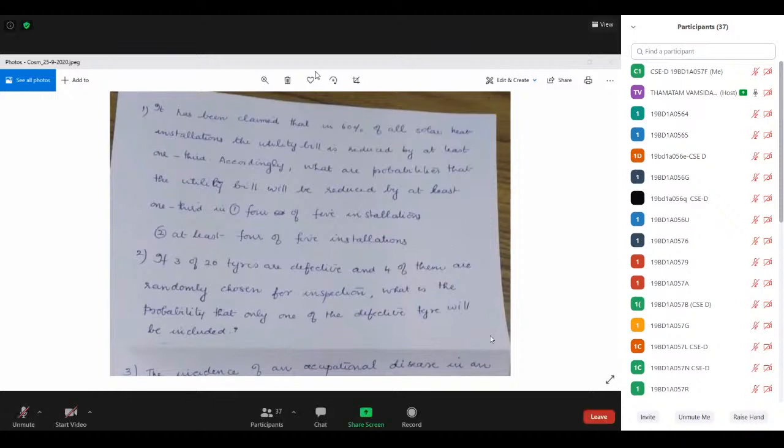Now I will ask 56G. Tell me what is the N in this problem. 56G. Are you there? Remember 56G.